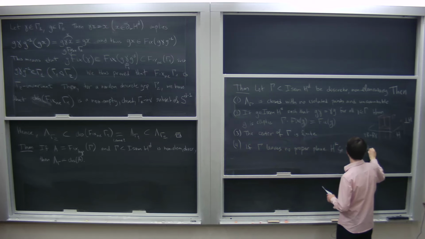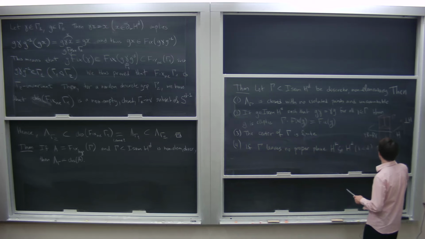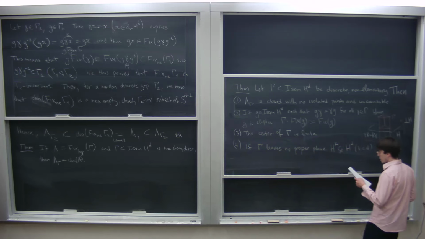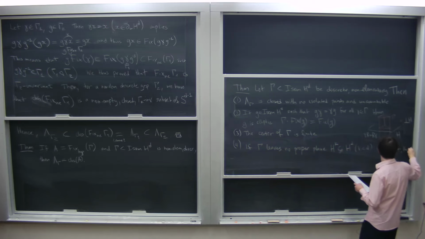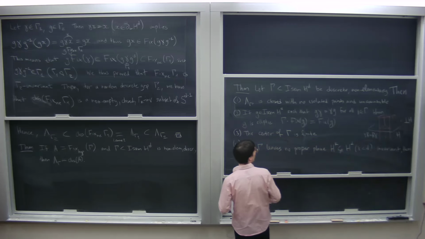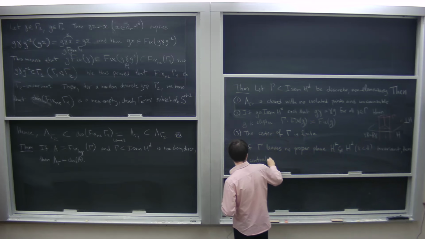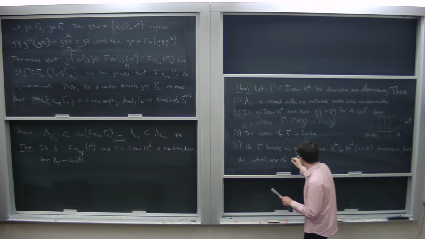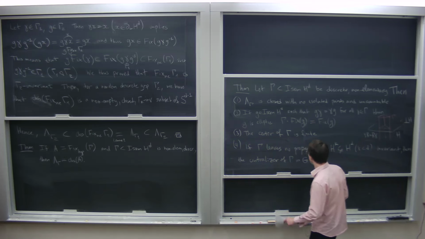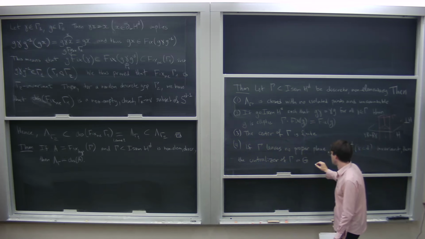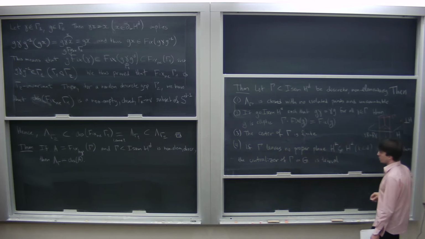So K is strictly less than D, and gamma leaves no proper plane invariant, then actually the centralizer of gamma in G is trivial.